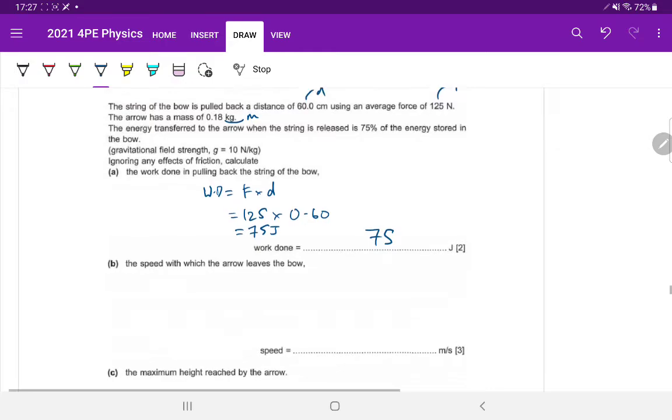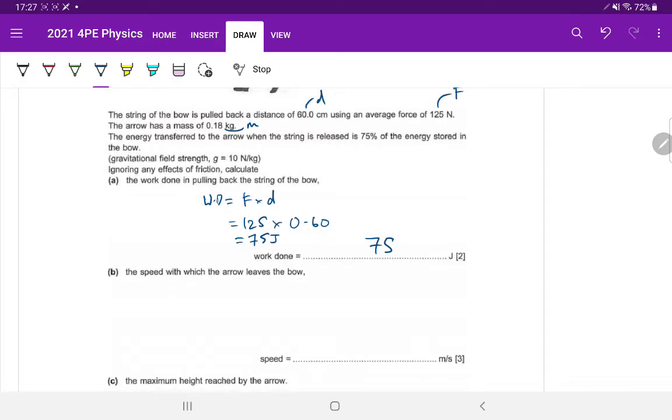Next, the speed with which the arrow leaves the bow. The energy transferred to the arrow when the string is released is 75% of the energy stored in the bow. So how much energy is stored in the bow? Remember, work done is energy transfer, it measures the amount of energy conversion.